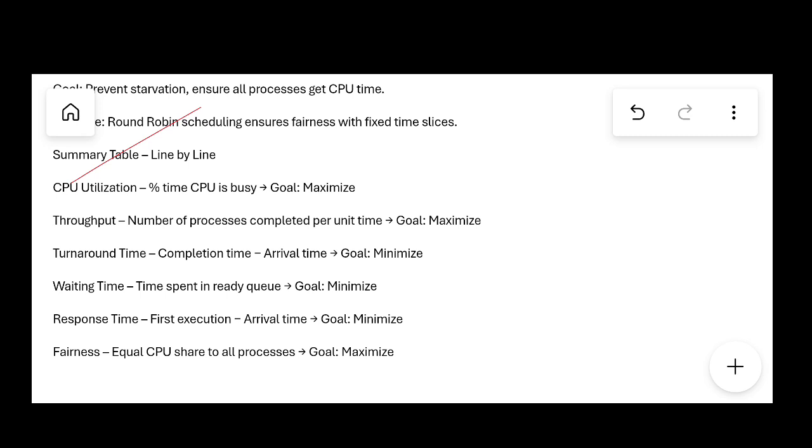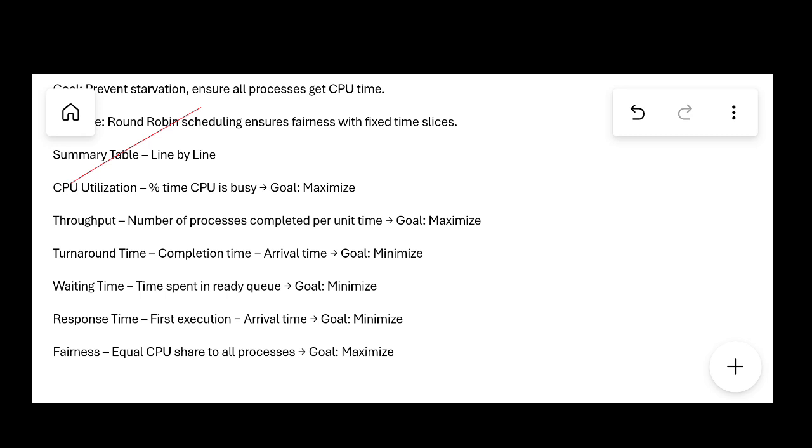Finish more processes but balance small and large tasks. Then turnaround time: the goal is to minimize, for quick completion but balanced across all process sizes. Then waiting time: the goal is to minimize. It reduces inefficiency in the ready queue.